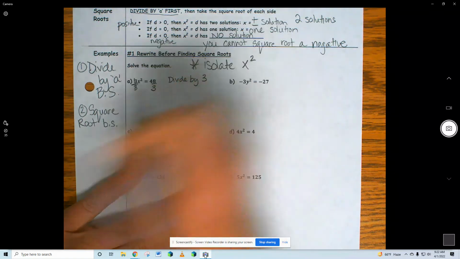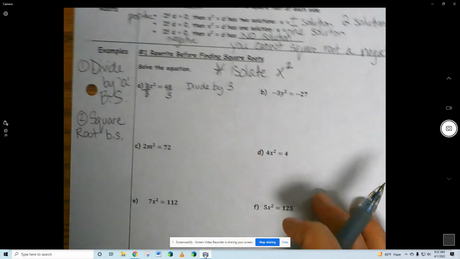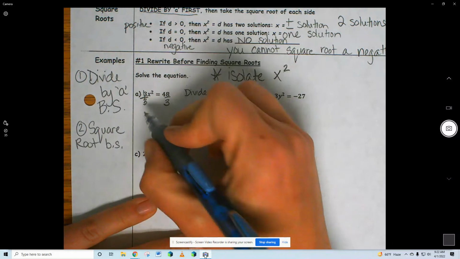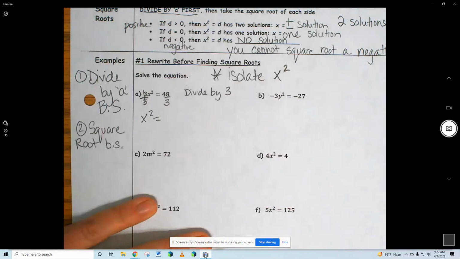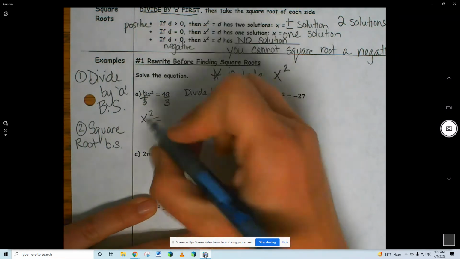So 3 over 3 is going to cancel. I can zoom in a lot on this. I have so much space. x squared equals, what's 48 cut into 3 equal parts? 16.